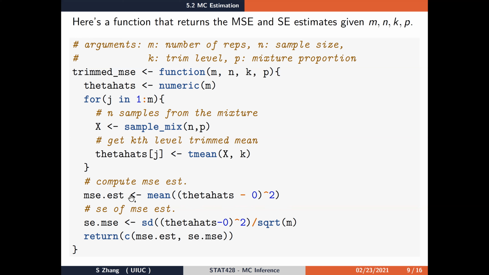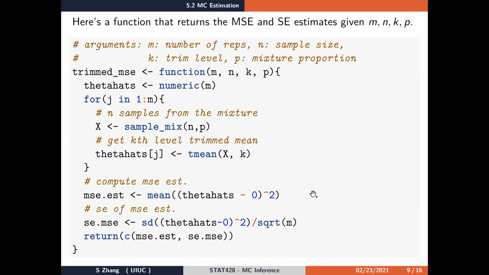To find the corresponding standard error, let's recall that this is given by the SD of (theta hat minus 0) squared, divided by the square root of m. So SE of MSE will be equal to SD of this thing divided by the square root of m. And then in the end, we will return a vector where the first entry is MSE est, the estimated MSE, and the second entry is the corresponding standard error estimate.